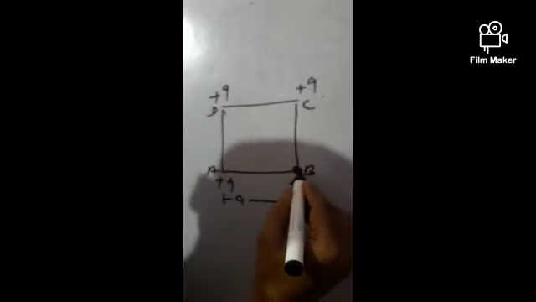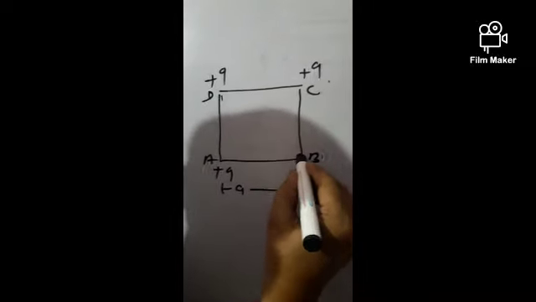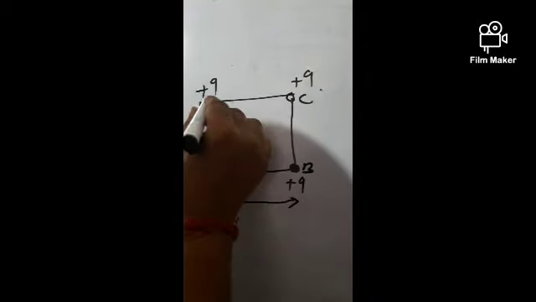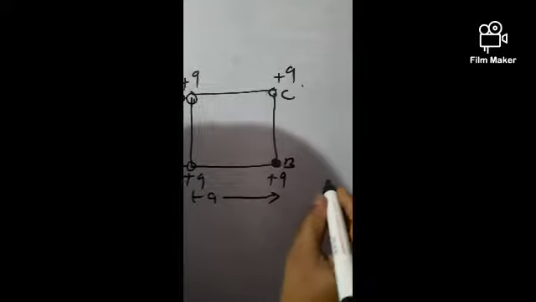So first we find force on B due to A, due to C, and due to D by Coulomb's law.